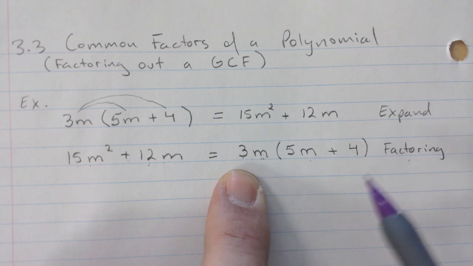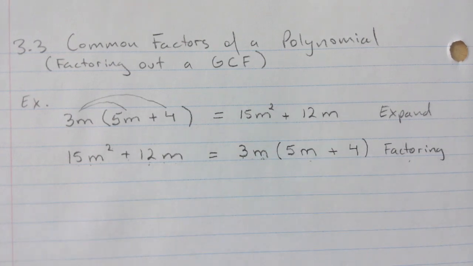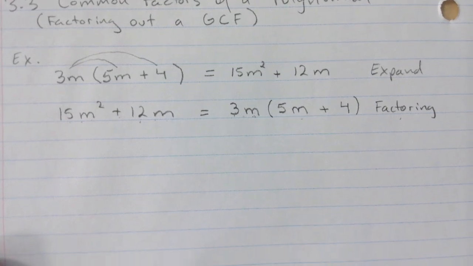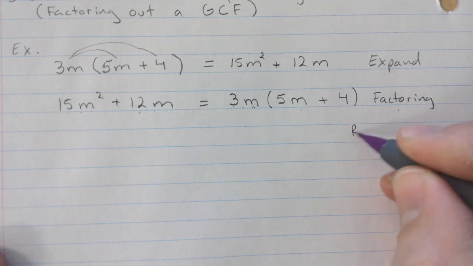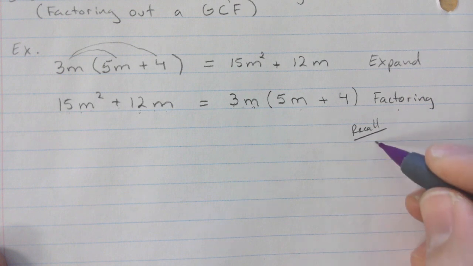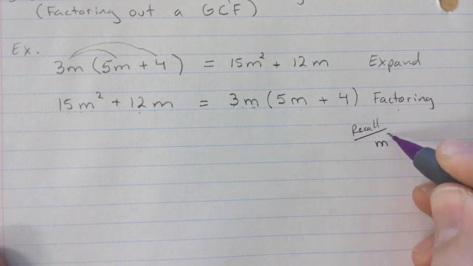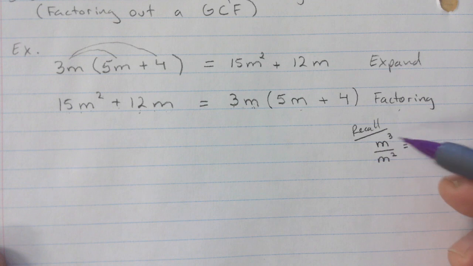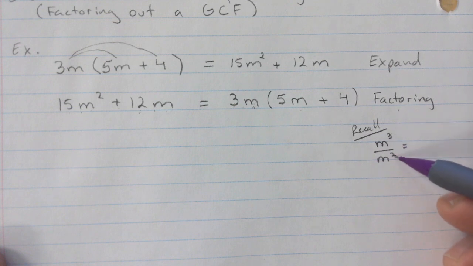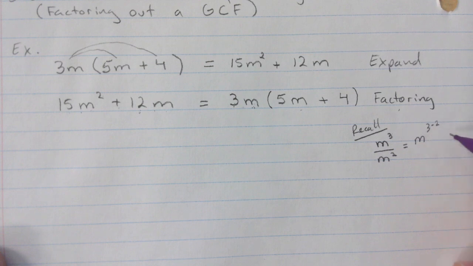I know you know how to divide numbers, but when you're dividing variables, recall, if you have m to the power of 3 divided by m to the power of 2, you're basically subtracting the exponents. So it's going to be m to the 3 minus 2, which is just m.